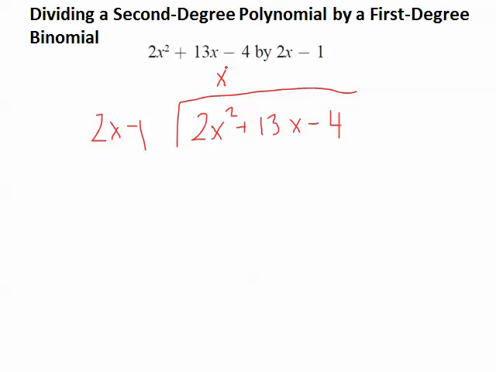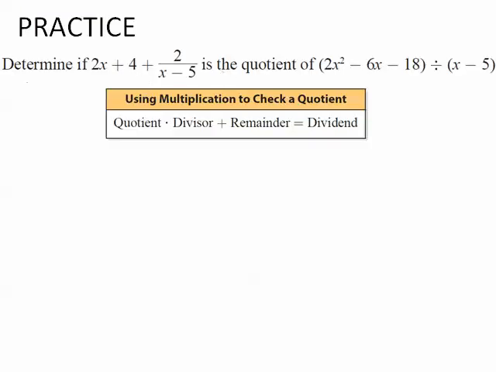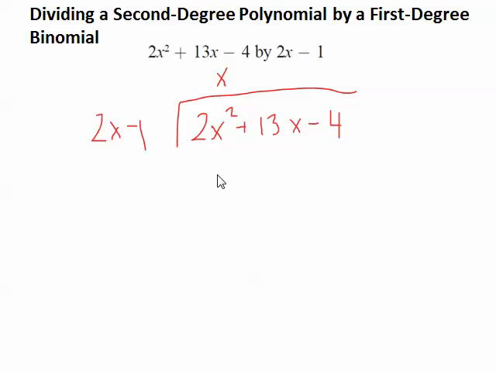If you multiply this by x, you're going to get 2x squared minus x.